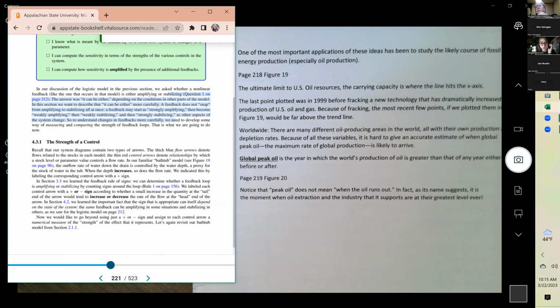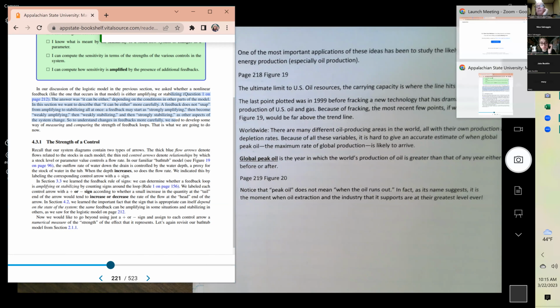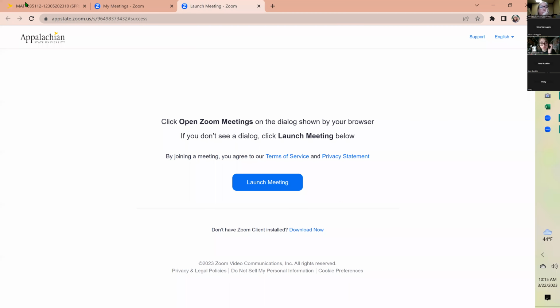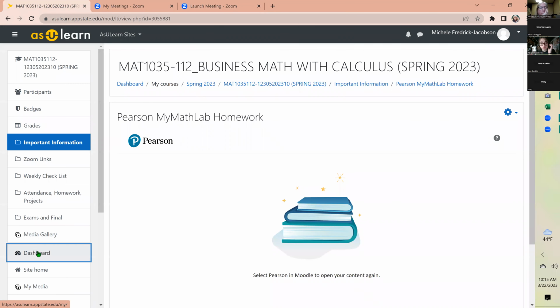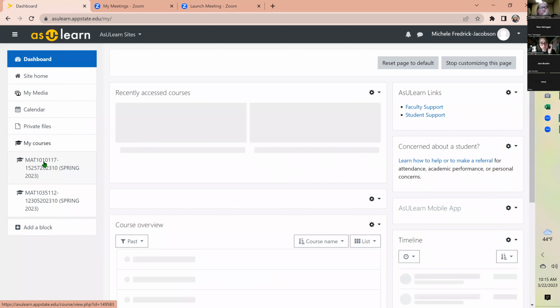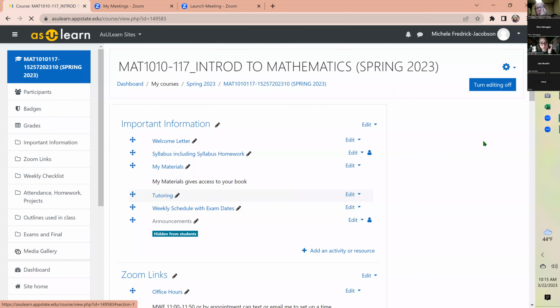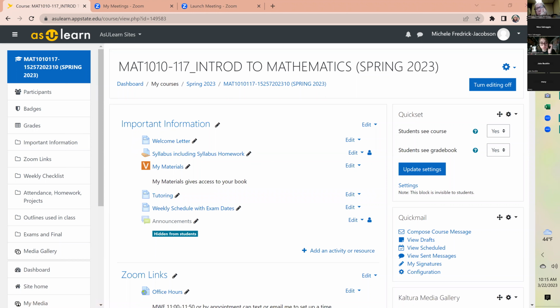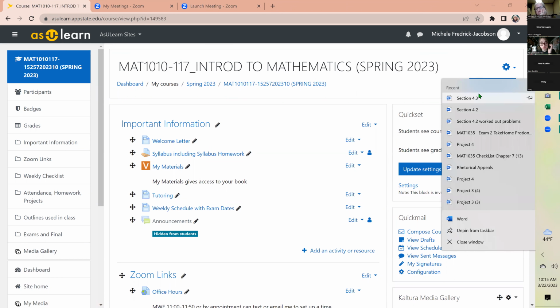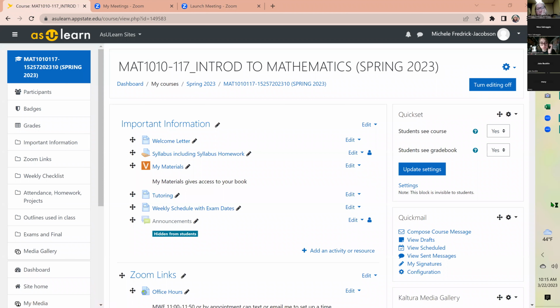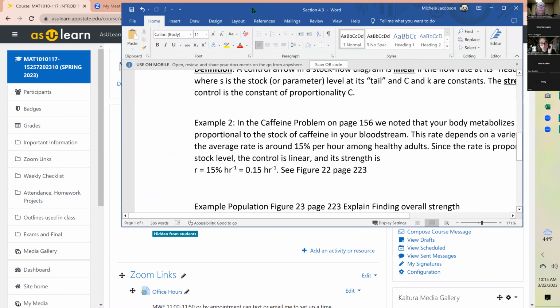Let me bring up the paper. I haven't finished 4.3, but I did put the link up there, and then as I finish it, I'll add to it.